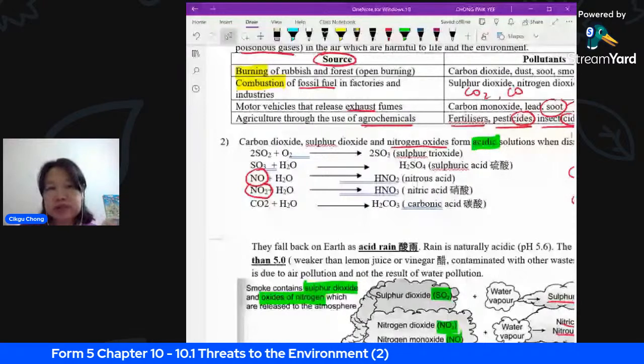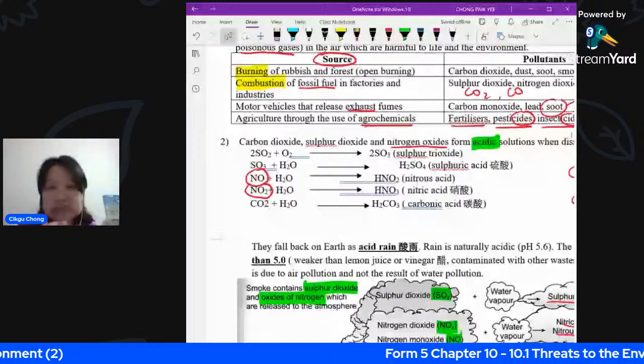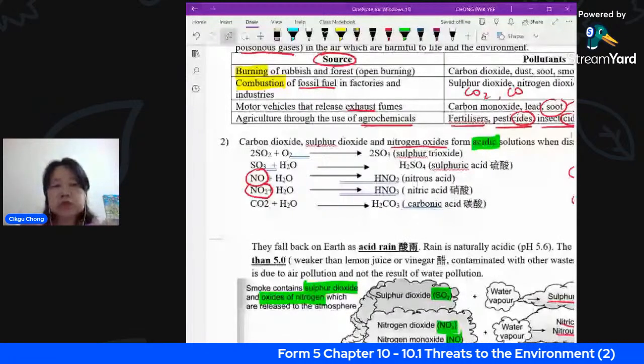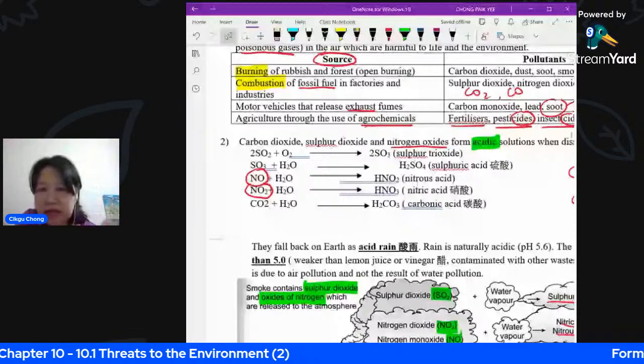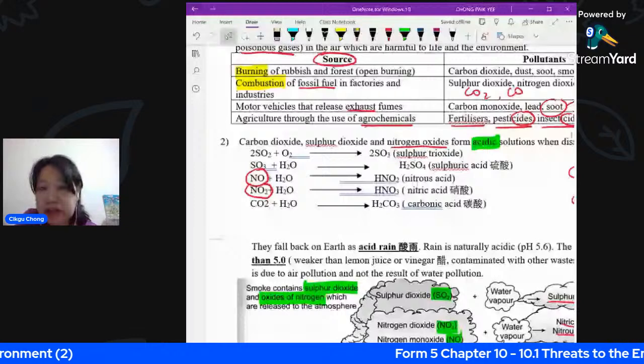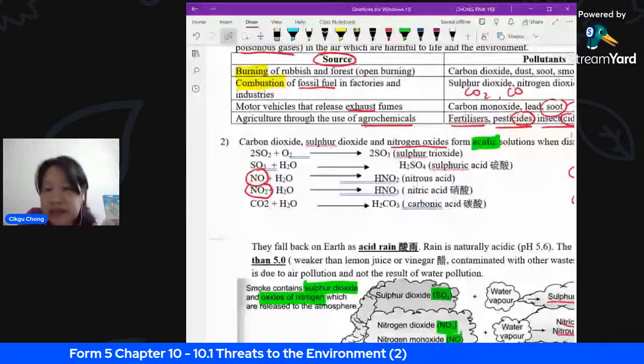Okay, so nitrogen monoxide is NO, nitrogen dioxide is NO2. So when it dissolves in water, you'll find that it forms nitrous acid. If NO, it forms HNO2. If NO2, which is nitrogen dioxide, when it dissolves in water, it forms nitric acid. So that's why you can have two types here.